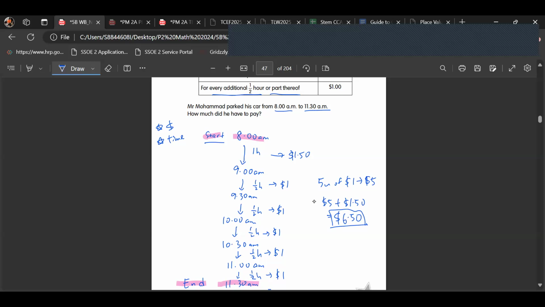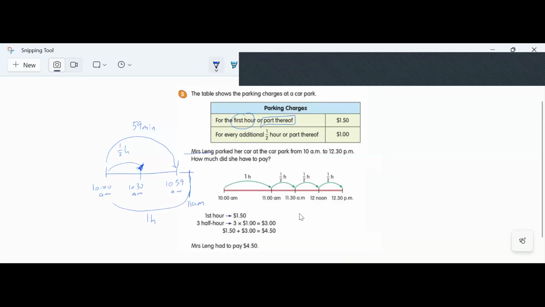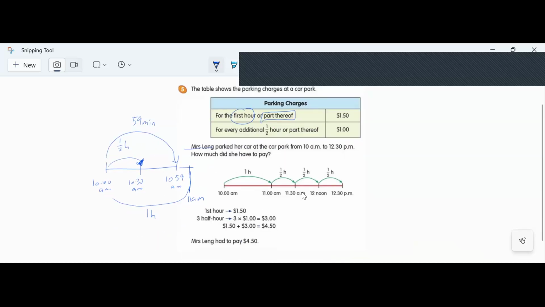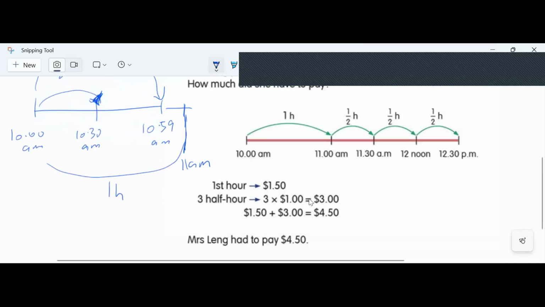Is this okay? Can or not? Okay. So it's up to you to choose the different ways. The textbook example is a horizontal timeline. You can see here, this is also very neat. I like how this is presented too. It's your choice.